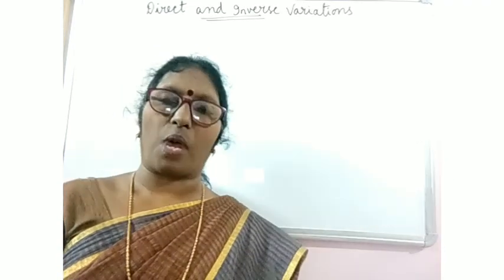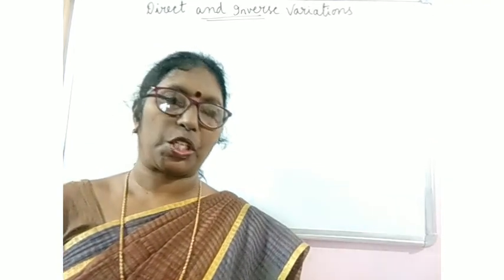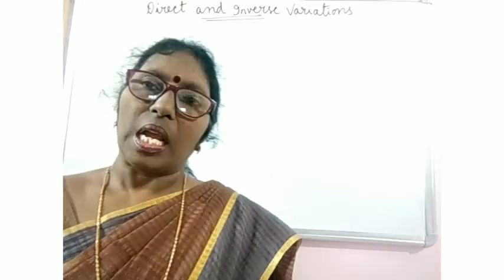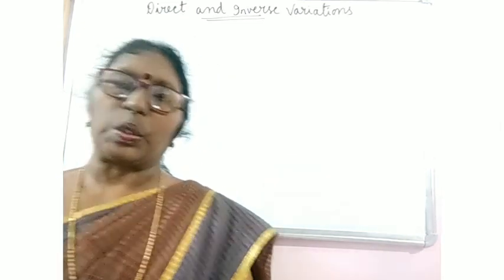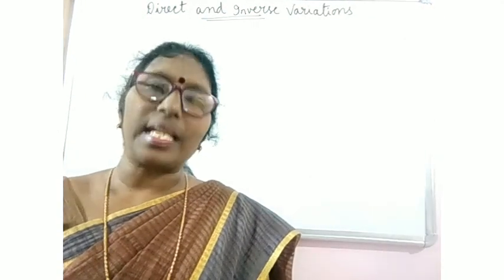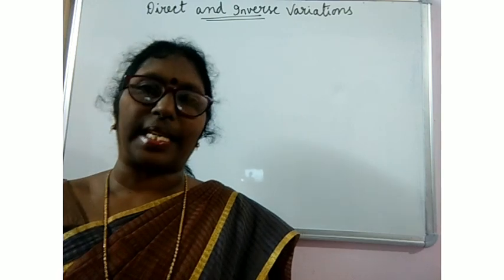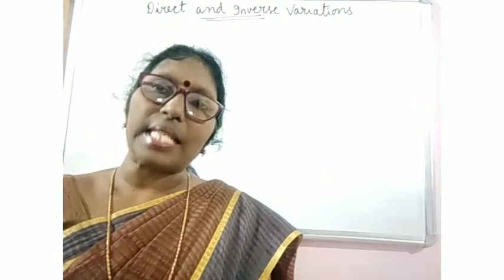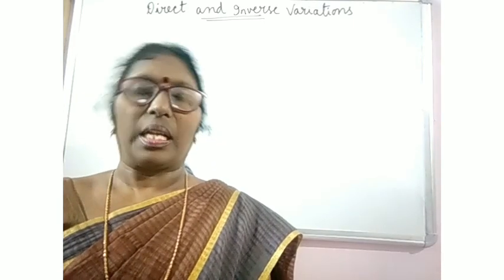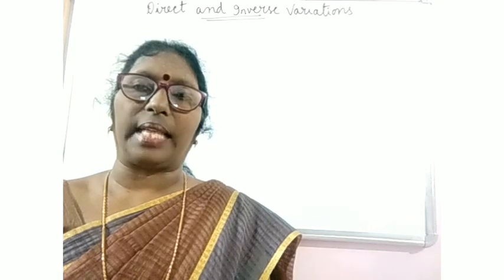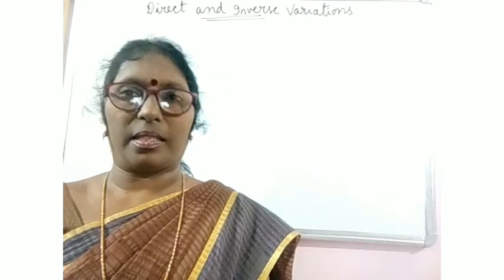Based on that, today you are going to learn direct variation. What is direct variation? Two quantities are said to be varied directly if increase of one quantity increases the other, decrease of one quantity decreases the other.